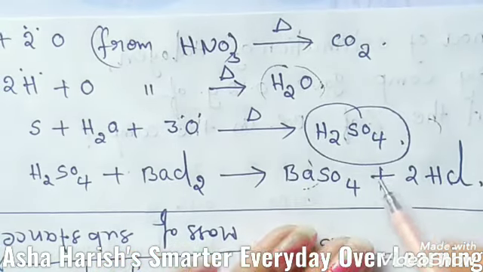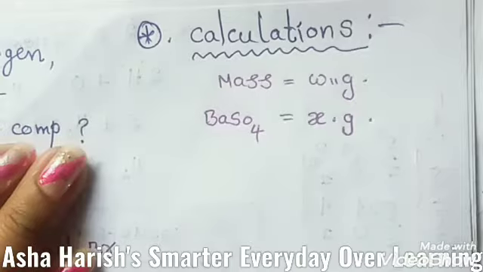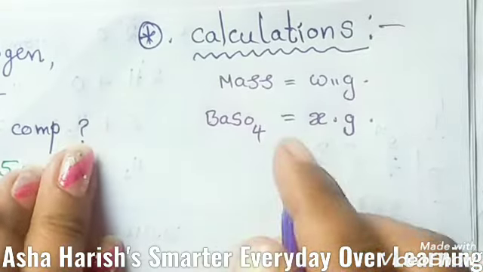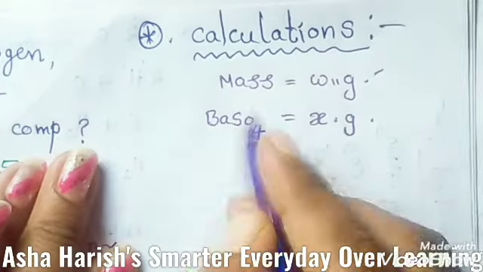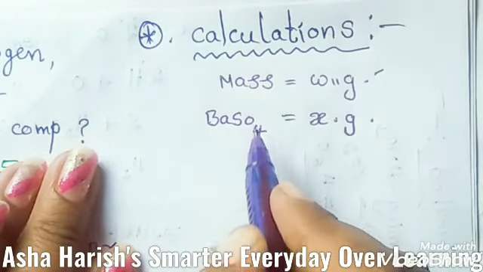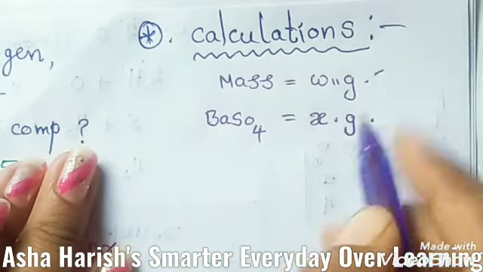How can we do these calculations? Let's see. In this calculation part, let the mass of the substance taken be W grams and the mass of the barium sulfate precipitate formed be X grams.